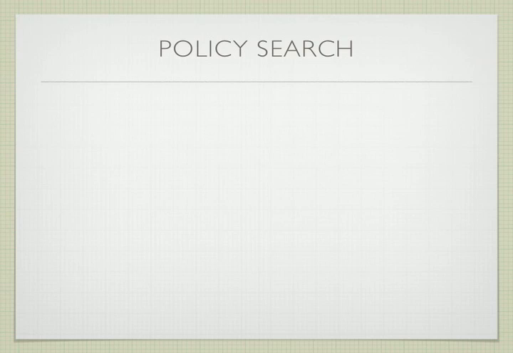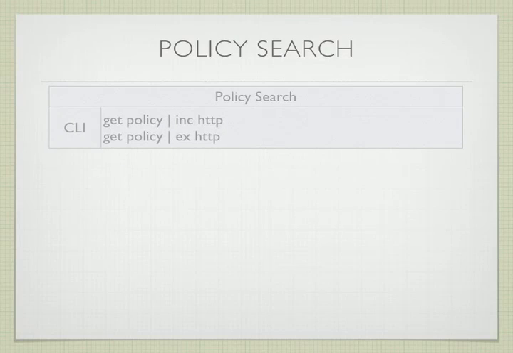You can search policies. Sometimes your firewall may have a very large rule set applied to it, and so you might have trouble finding what it is you're looking for. Get policy using the pipe command on your keyboard, INC for include, EX for exclude, will then show you only the policies that include whatever text you put in there.